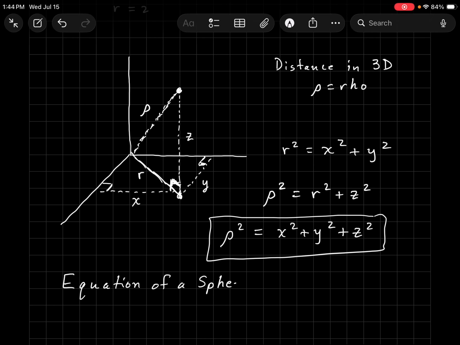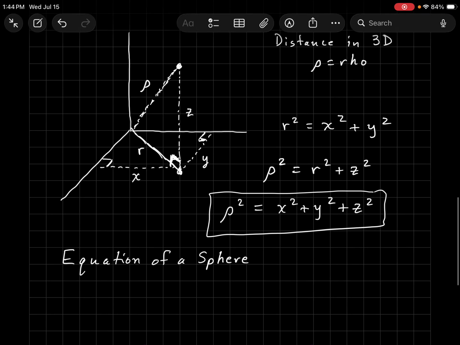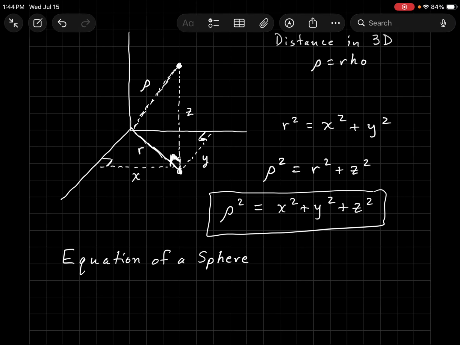Just like a circle is a set of points that are equidistant from some center in a 2-dimensional figure, a sphere is a set of points that are equidistant from some sort of center. So pretend that our center is the point (h, k, l), and then the radius, that is the equal distance, is rho.